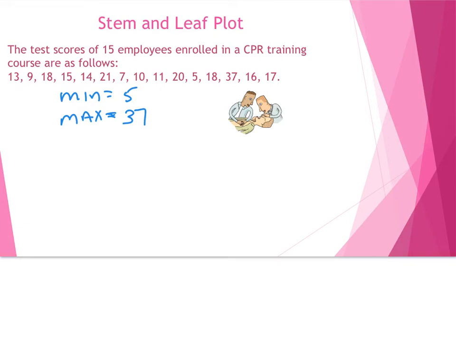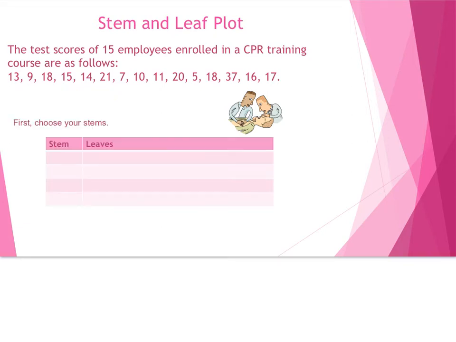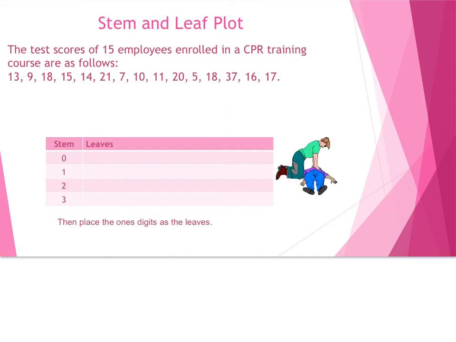With a stem and leaf plot, you choose your stems, and a lot of times, since I have two-digit numbers, my stems are just going to be whatever digit would be in the tens place. So if I start at single digit numbers and go up to 37, then my stems are going to go from 0 to 3. These will be your single digit numbers, your teens, your 20s, and your 30s. Then the ones digits are your leaves.